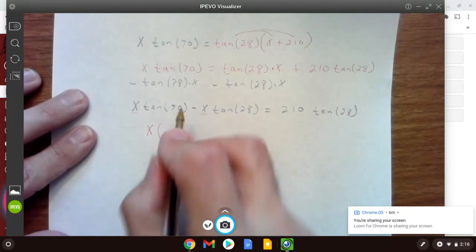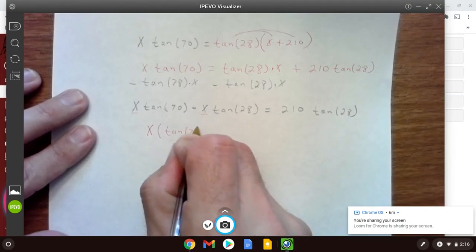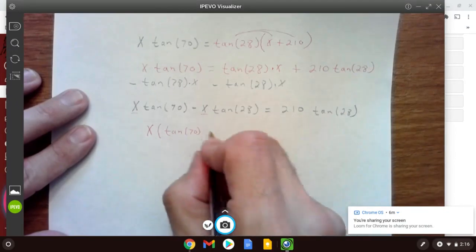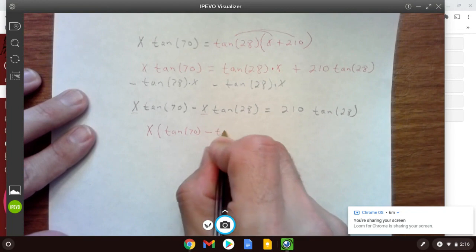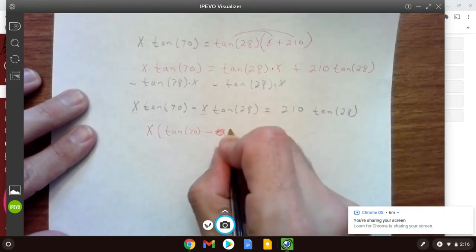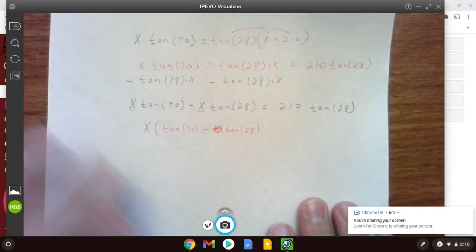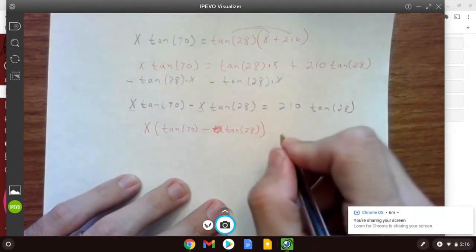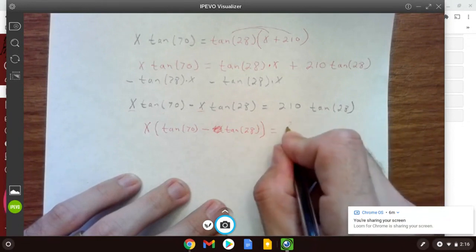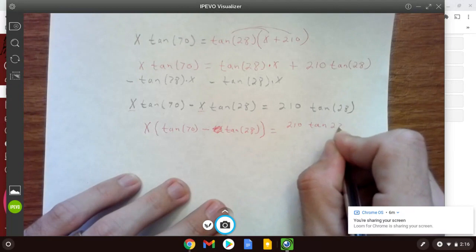So if I factor out an x, this one becomes tangent of 70, and this one just becomes tan of 28. All right, is equal to 210 tan of 28 still.